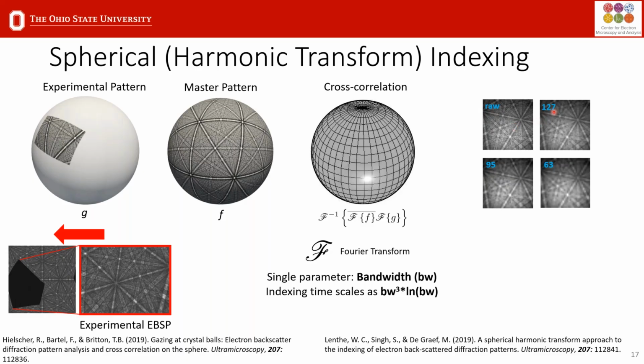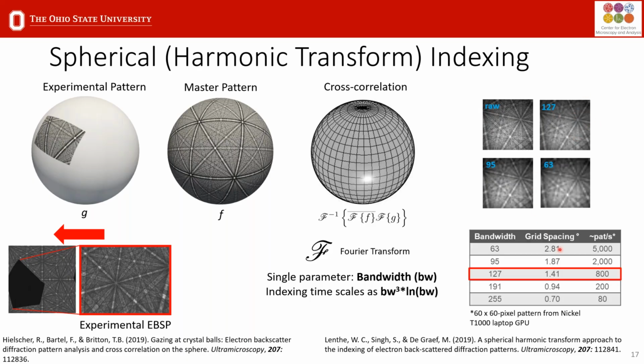Using this bandwidth of 127, you can see that it's faithfully represented. If you look at the grid spacing here, the discretization is about 1.4 degrees, which is similar to dictionary indexing. So if you perform refinements on something that's 1.4 degrees, it usually converges quite nicely.